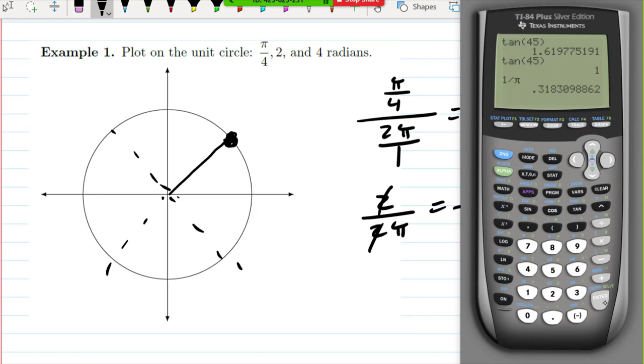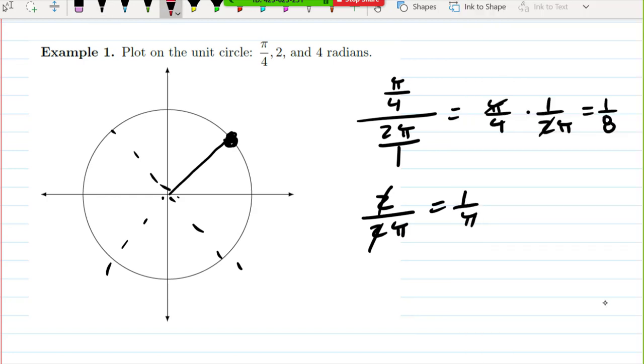Well, 0.31 would be like 31%, so it's almost a third. So if we were going to divide this into thirds, 2 radians would be about right here.